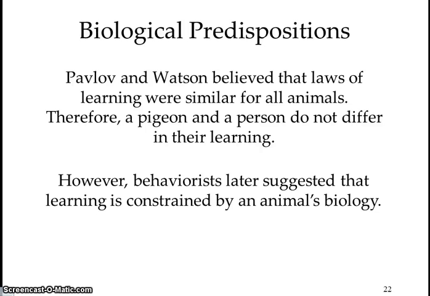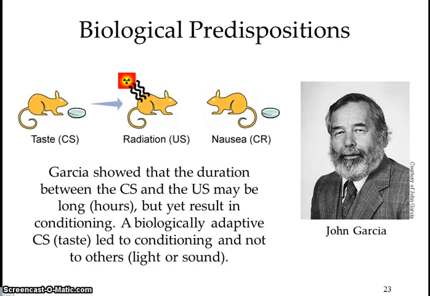Later behaviorists are going to suggest that learning is actually constrained by an animal's biology. I mean, think about it. A pigeon doesn't speak like a person. They have some sort of bird language with other birds, but it's not a language like humans have. So there are biological constraints on people and on animals.